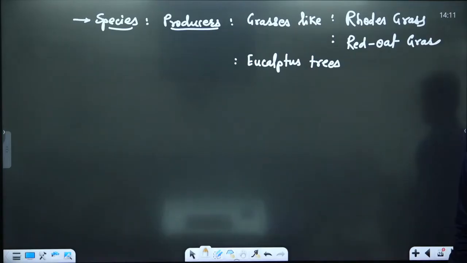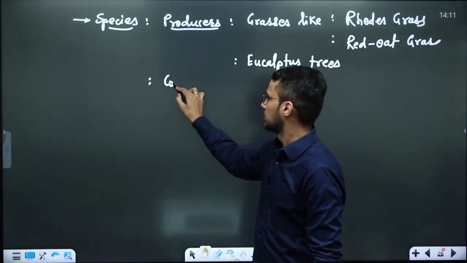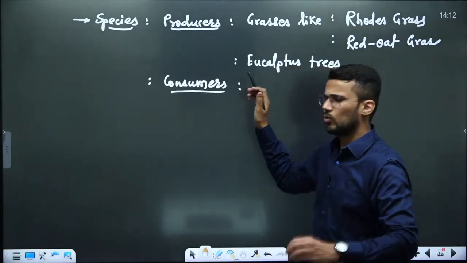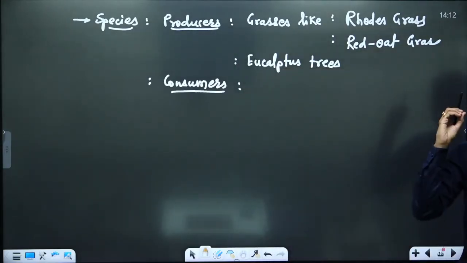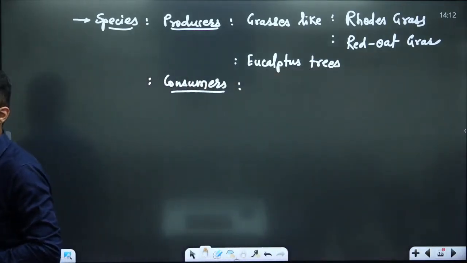So those are producers. Consumers. You can write whatever names you can think of when you are on a jungle safari.